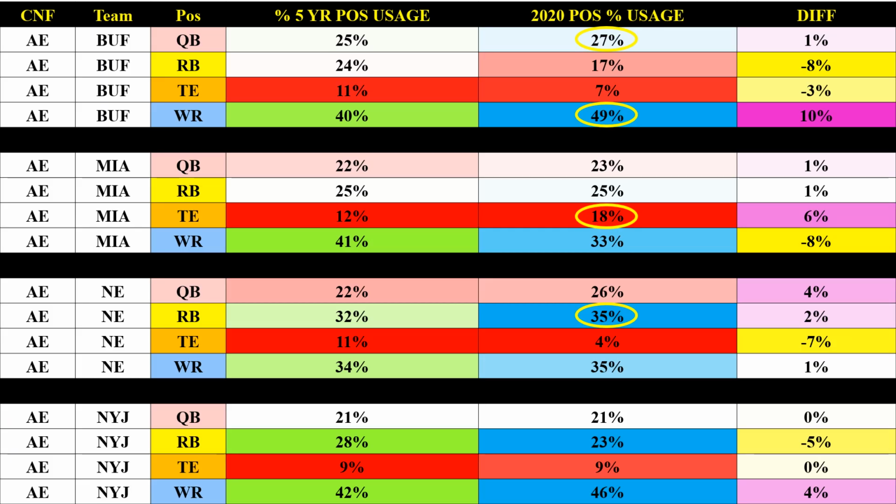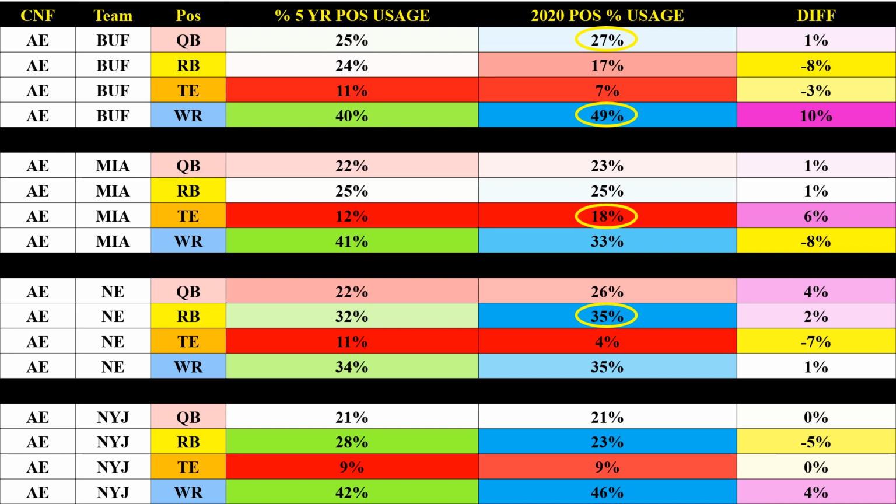So we have the AFC East here: Buffalo, Miami, New England, and the Jets. And we can look at 5-year positional averages and 2020 positional averages and the difference. So we can look right away and focus, positive and negative, on what teams are bringing to the table.